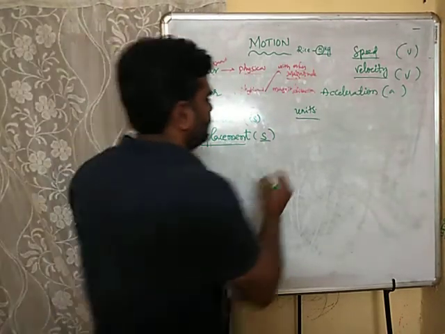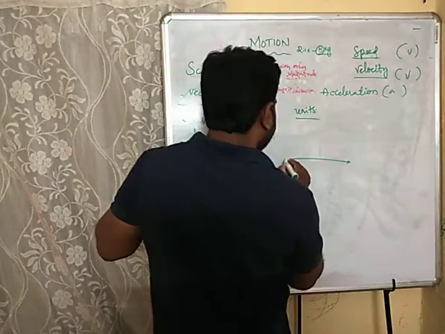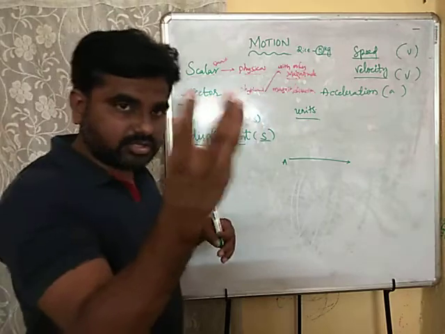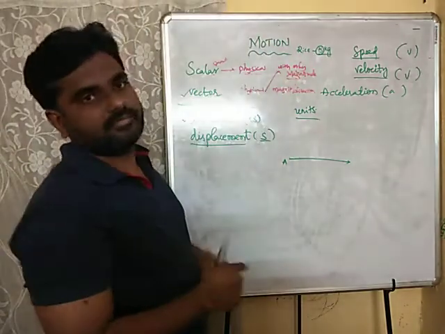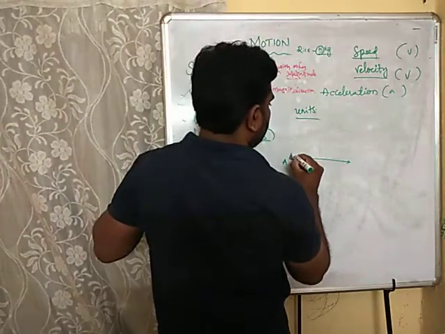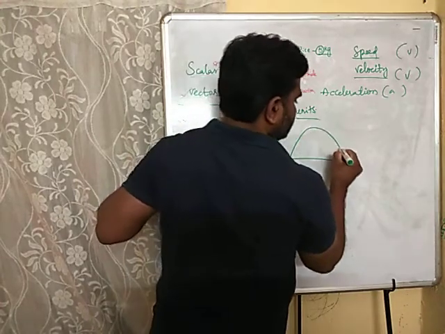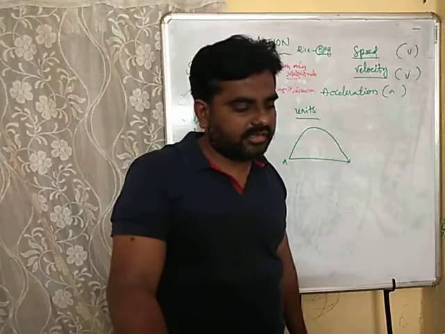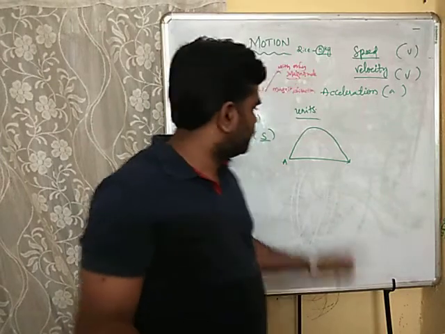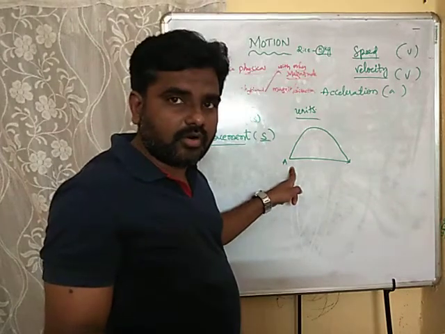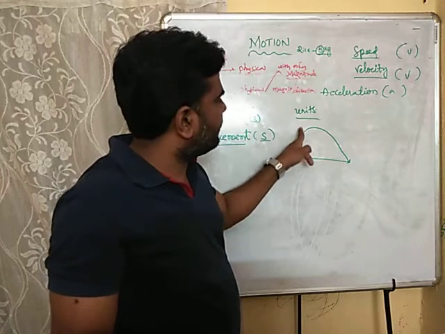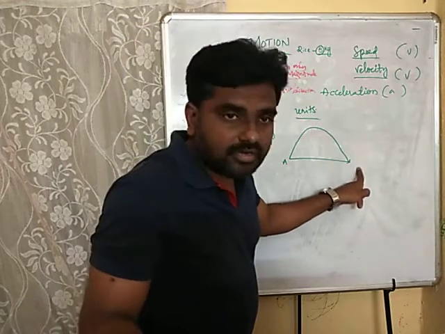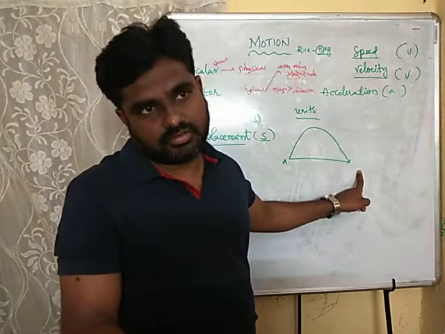I will give you one example. Say a person throws a stone in an upward direction. The stone moves to a maximum distance with some speed and falls on the ground due to the gravitational force.